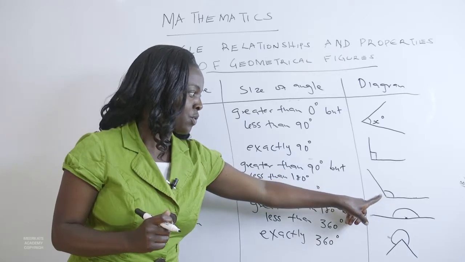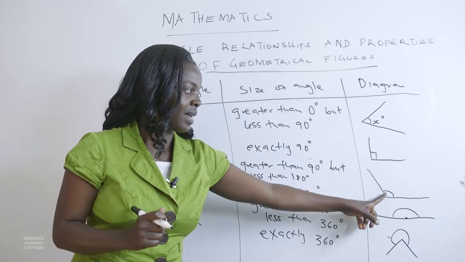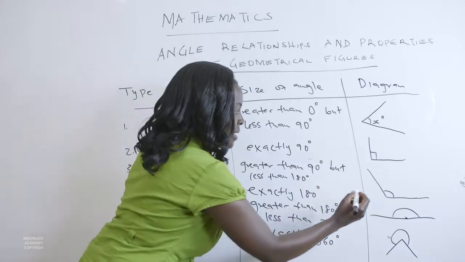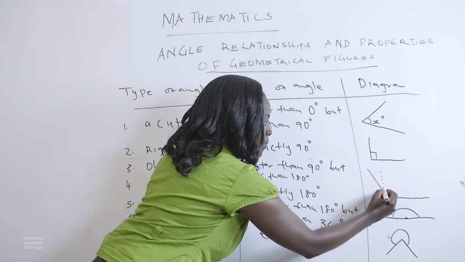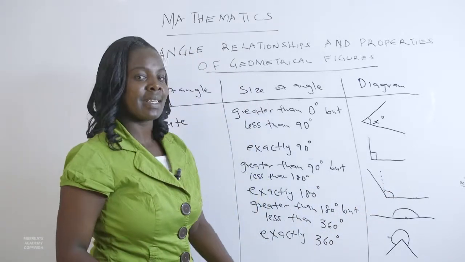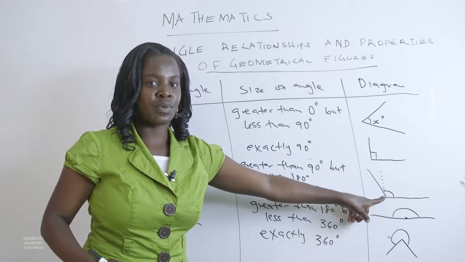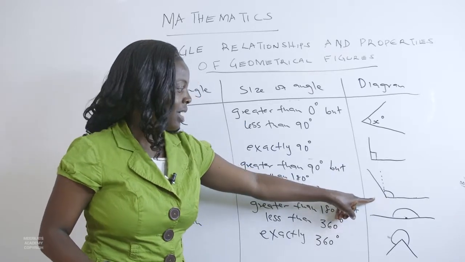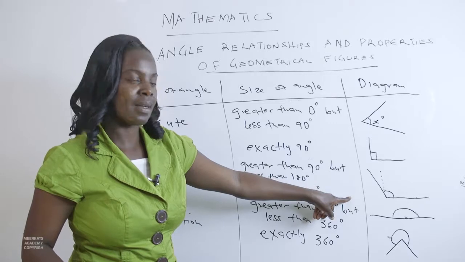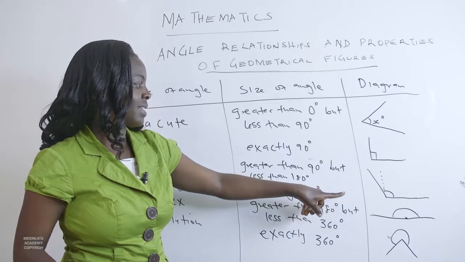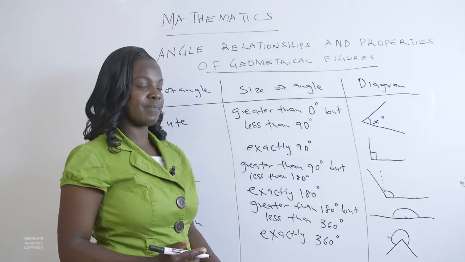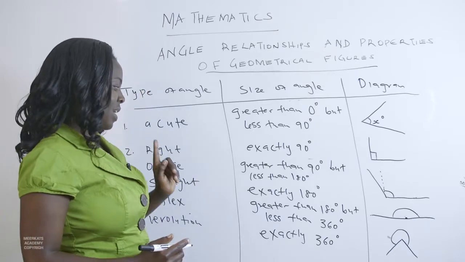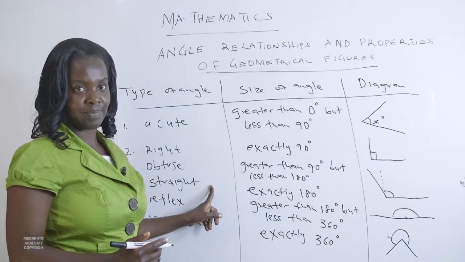You see that it is more than 90, because if it was 90, it would be somewhere like that. So it is more than 90, but it is less than 180 degrees. We also have another type of angle that we call a straight angle.